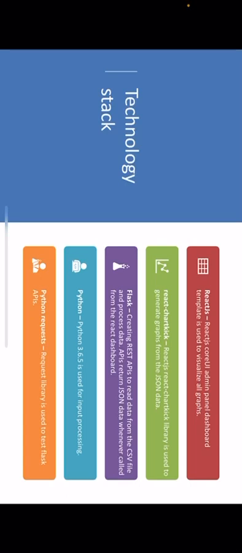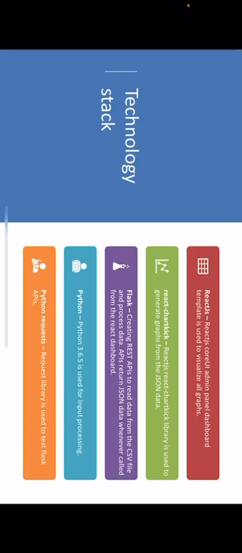In the technical stack, the React.js core UI admin panel dashboard template is used to visualize all graphs. The React.js React Chartkit library is used to generate graphs from the JSON data. Flask creates REST APIs to read data from the CSV files and process data. APIs return JSON data whenever called from the React dashboard.